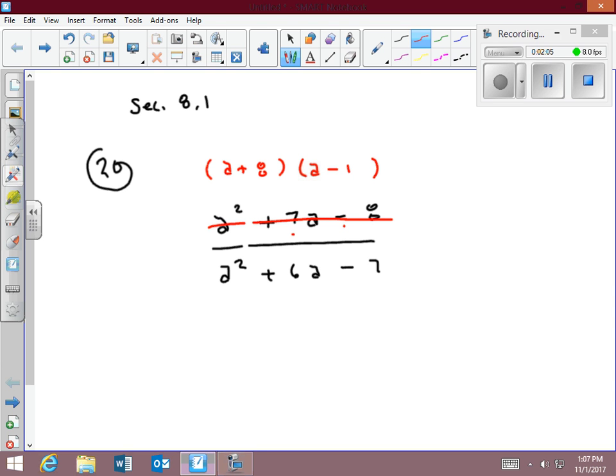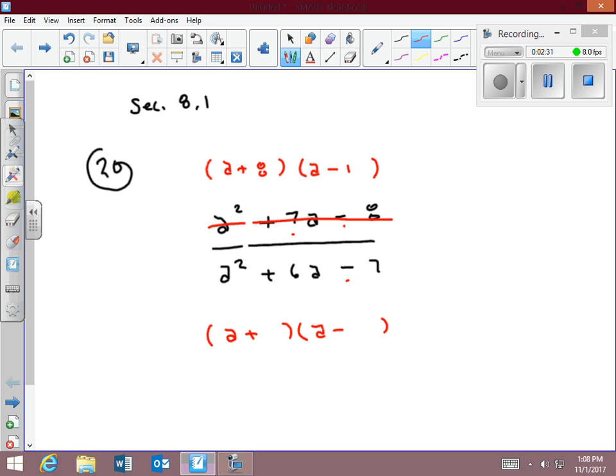Now the denominator, it's descending order, leading term positive. It's a trinomial. It's not a special case. So if it factors over the integers, it's going to be a, and the signs are what? Because this is negative, it's plus and minus, right?